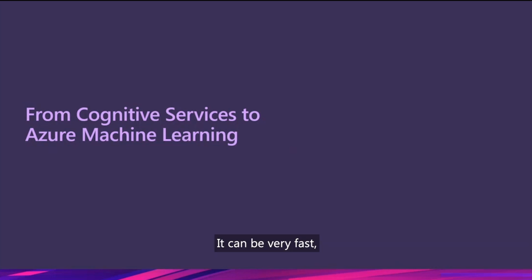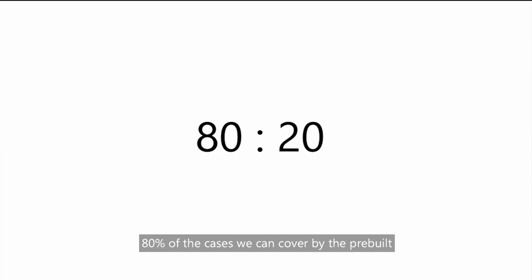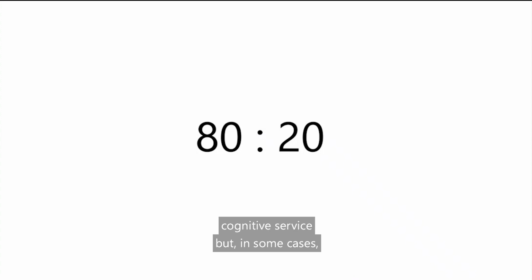It can be very fast, but going back to the 80-20 rule, 80% of the cases we can cover with the pre-built cognitive service. But in some cases, let's say 20%, we also need to build on our own. We need some knowledge to fulfill some of the very sophisticated or special requirements.